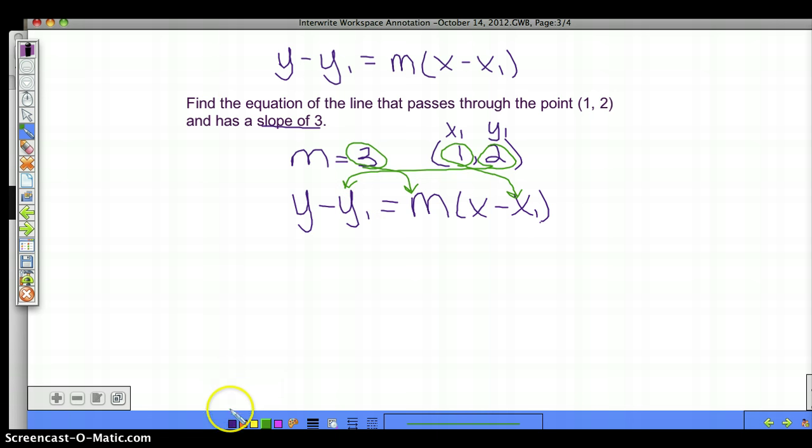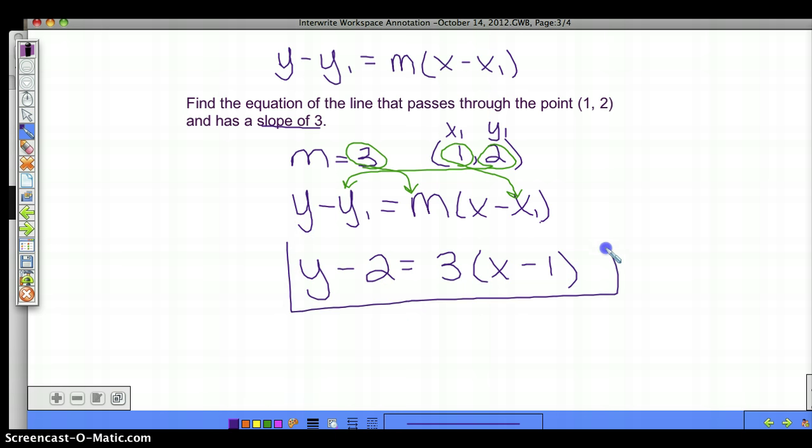So my answer would be written as y minus 2 equals 3 times x minus 1. And that's it. This is when we would leave it in point-slope form.